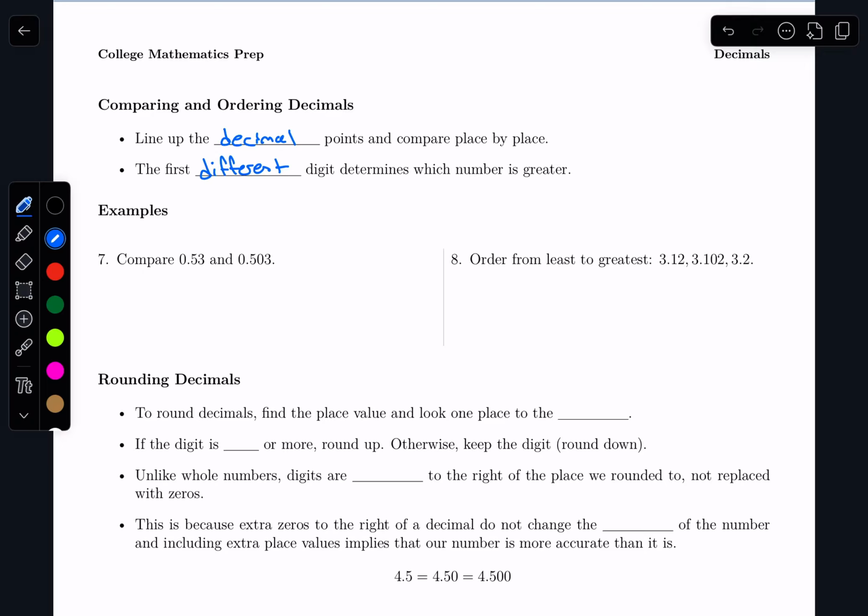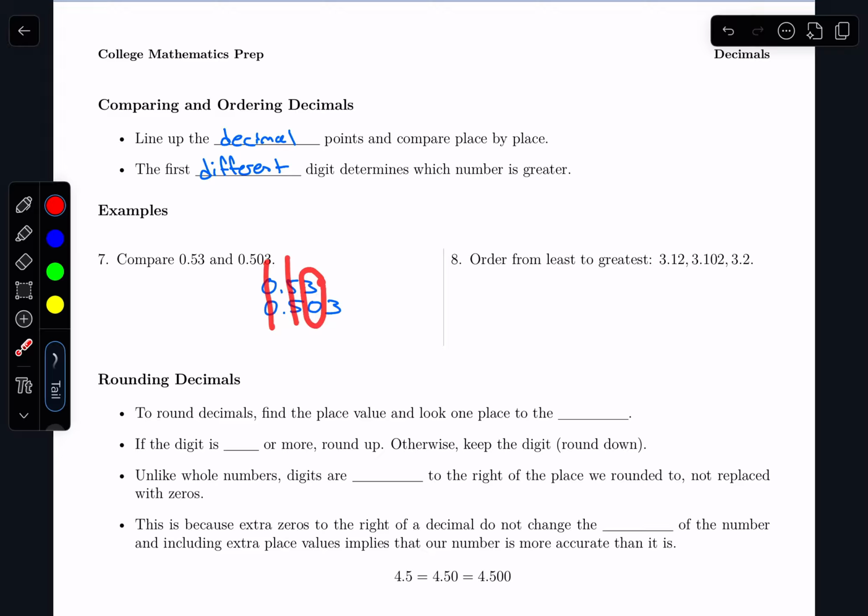For number 7, I'm just going to take these two numbers, 0.53 and 0.503, and see how I wrote them right on top of each other with the decimal places lined up. And then we just go place value by place value. They both have a 0, so that's the same. They both have a 5 in the tenths spot, so that's the same. But then in the hundredths position, one of these has a 3 and one has a 0.